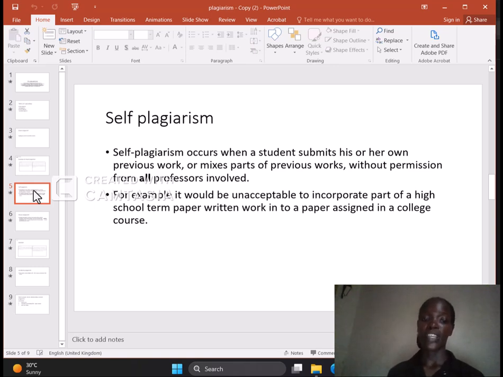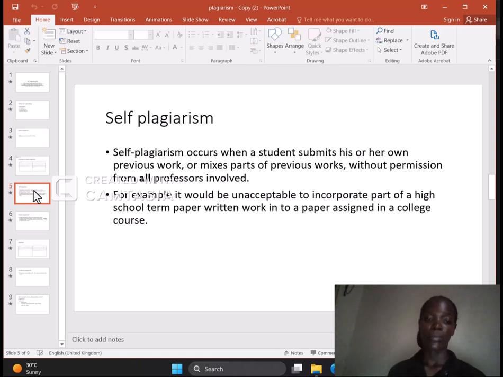For example, you may be given a question that you once did, then instead of paraphrasing or changing the way you phrased it in the previous paper or assignment, you just rewrite it the way you had written it before. That is what we call self-plagiarism. It's not supposed to be done. It's wrong.